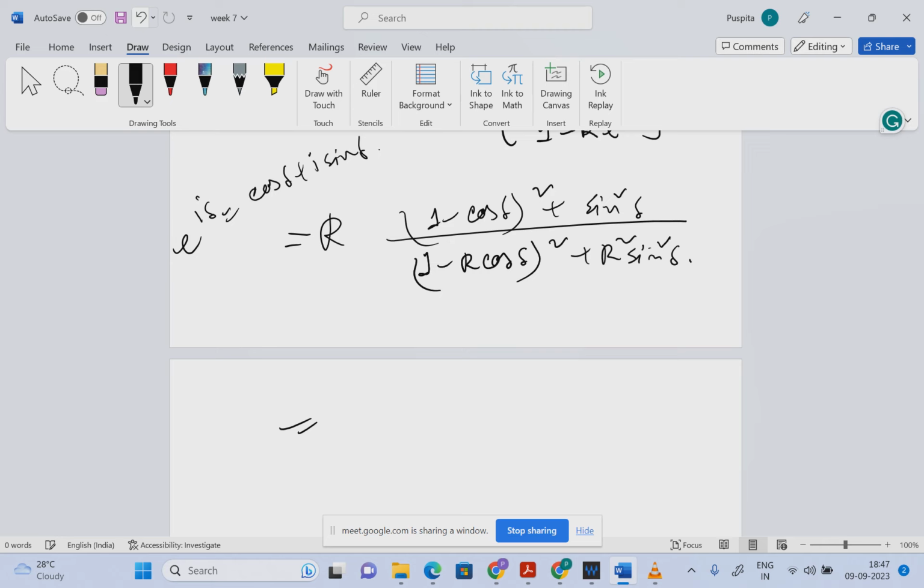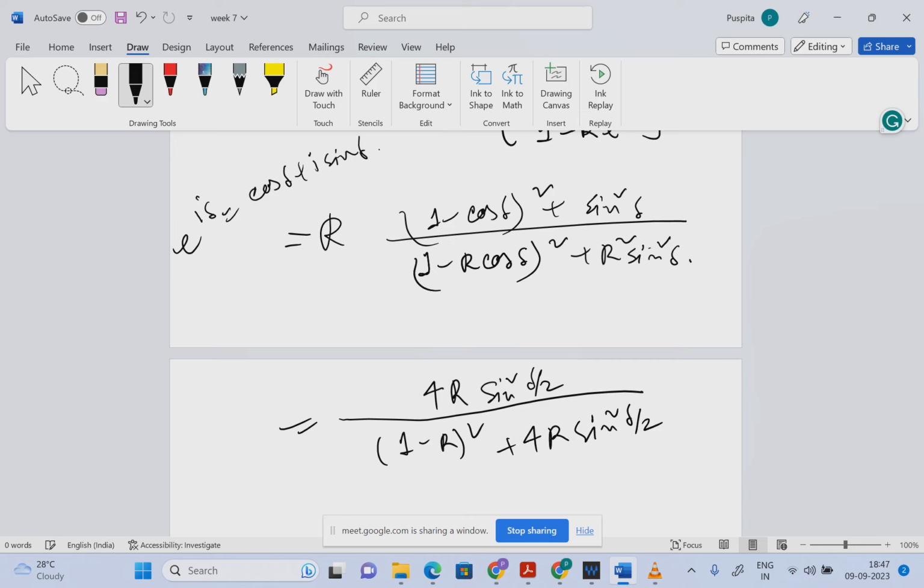Putting that value and eliminating that from the denominator, we get this. So this will be 4R sine square delta by 2 over (1 minus R) whole square plus 4R sine square delta by 2.